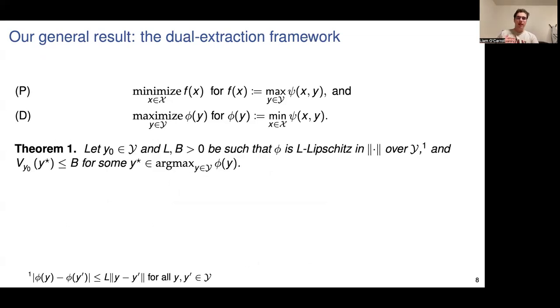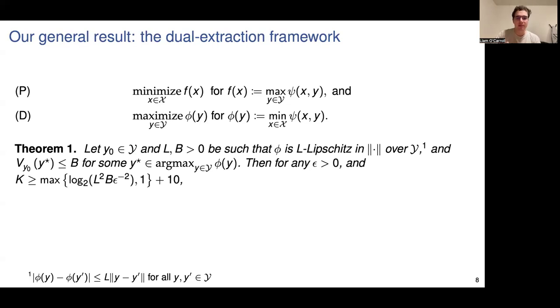Given some initial point in the dual constraint set y0, and constants L and B such that the dual function phi is L-Lipschitz with respect to the norm we've chosen over the dual constraint set Y, and also a Bregman divergence bound B between y0 and some optimal point for the dual optimization problem D. In particular, we can choose the norm, the distance generating function, and the corresponding Bregman divergence to make L and B as small as possible.